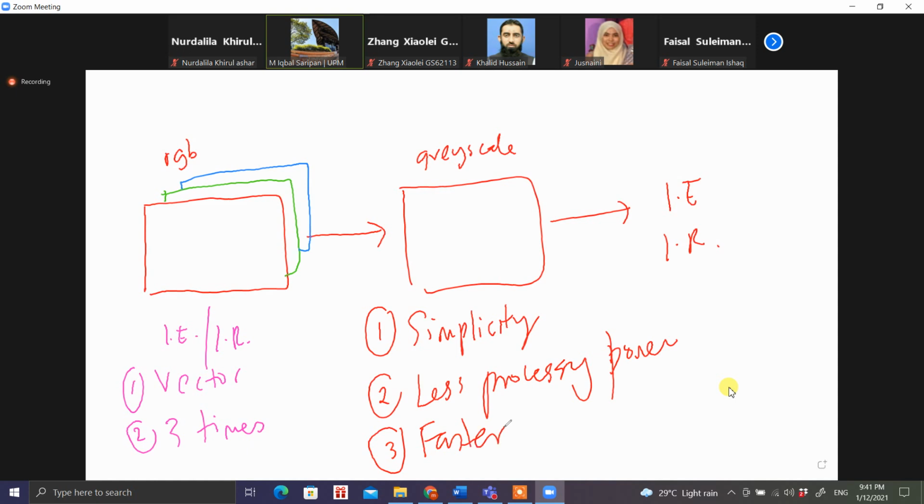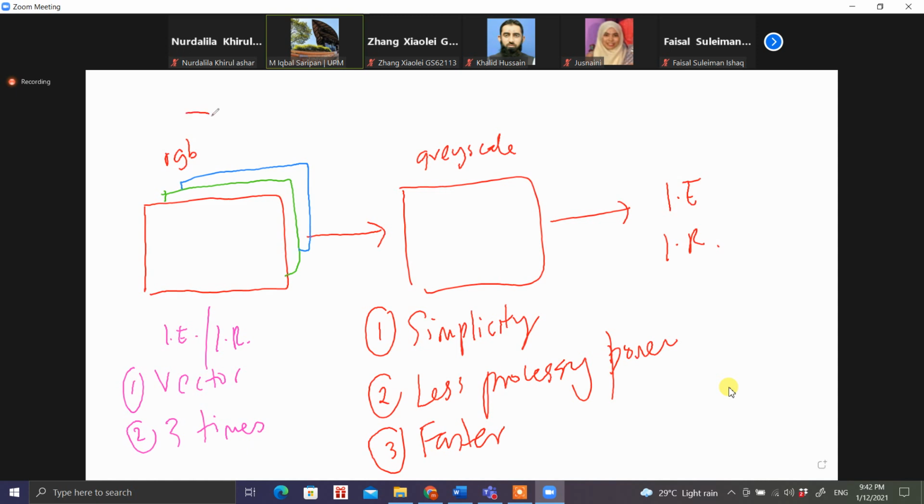So that is the reason why, normally, if you can process the image in grayscale, they will first do the conversion from RGB to grayscale. Because of the simplicity, you only need to look at one layer as compared to 3 layers in RGB.